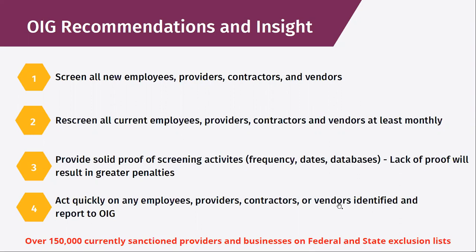Most organizations do. There are some cases where they don't. But at a minimum, if you're looking to bring anybody into your ecosystem, you should be doing a screen on them to make sure that they're not on any one of those lists. And as we know, there are multiple lists.